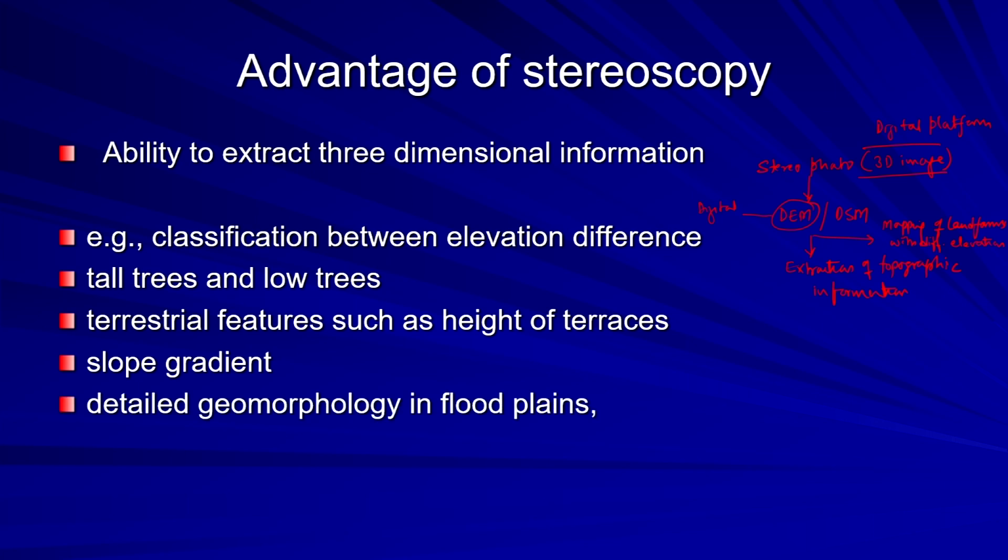Then, as I told, along with the landforms here, this is again related to river landforms. You can prepare a detailed geomorphic map. So, extraction of topographic information, mapping of landforms, that is mapping of the morphology of the surface, and that is what we call geomorphology.